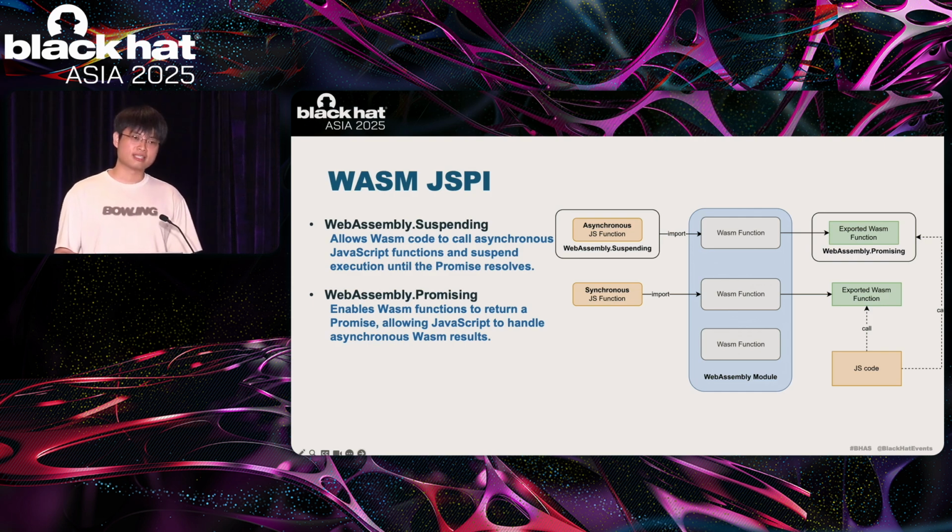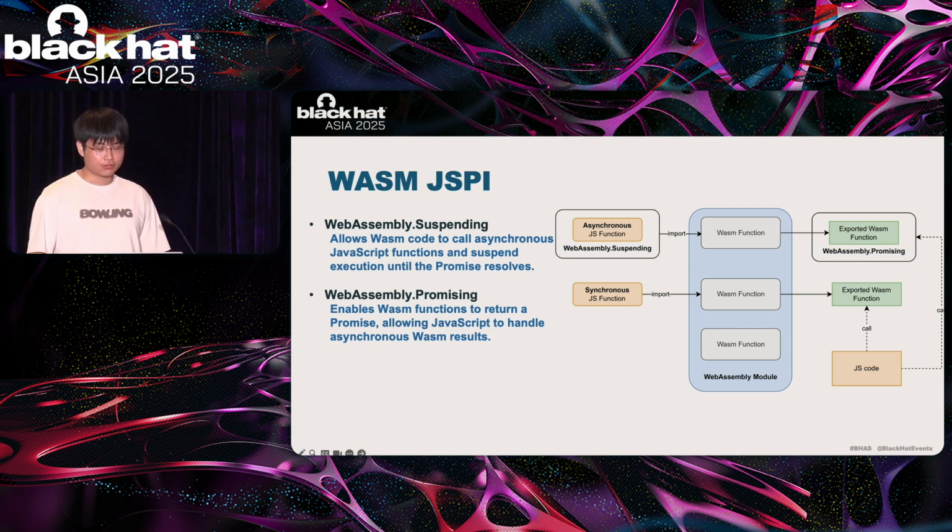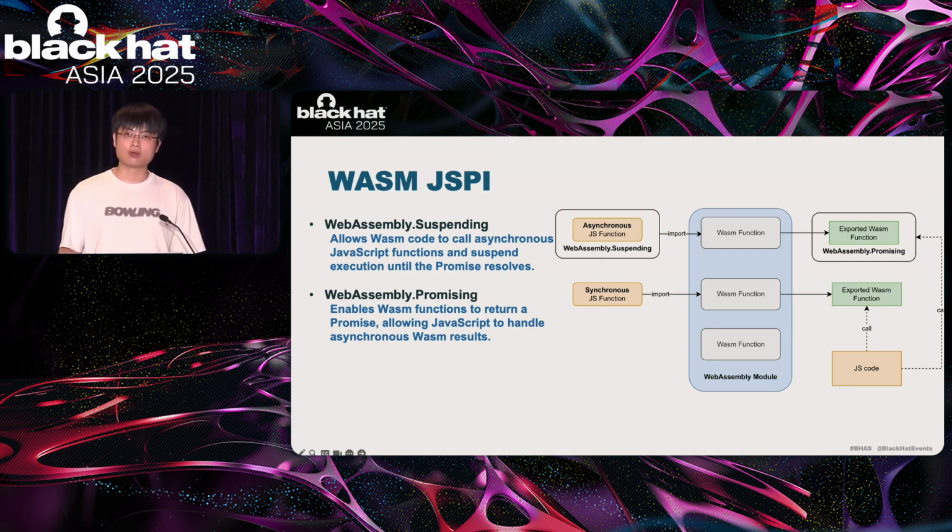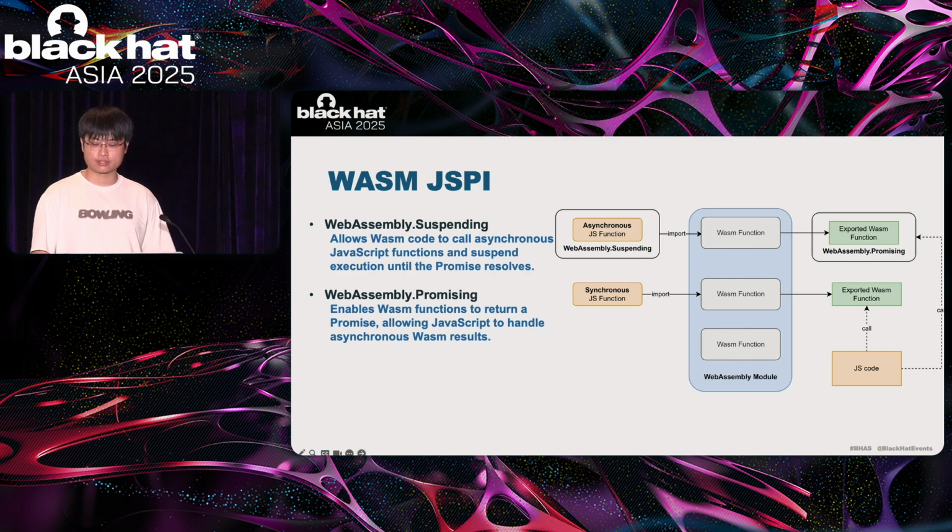WebAssembly.promising is another wrapper used when exporting WebAssembly functions to JavaScript. If a WebAssembly function internally calls an asynchronous JavaScript function, it must be wrapped with WebAssembly.promising when exported to JavaScript. This ensures that JavaScript receives a promise object instead of blocking the execution thread when calling the WebAssembly function.